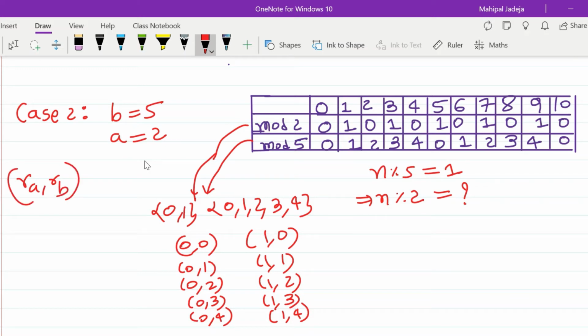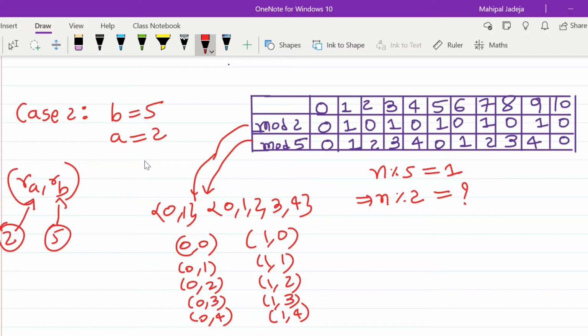Here RA is the possible value of remainder when we divide a number by a, and RB is the possible value of remainder when we divide number n by b, right? So there are two choices with respect to a, and there are 5 choices with respect to b. So we have 10 different combinations, 10 different pairs of RA, RB.